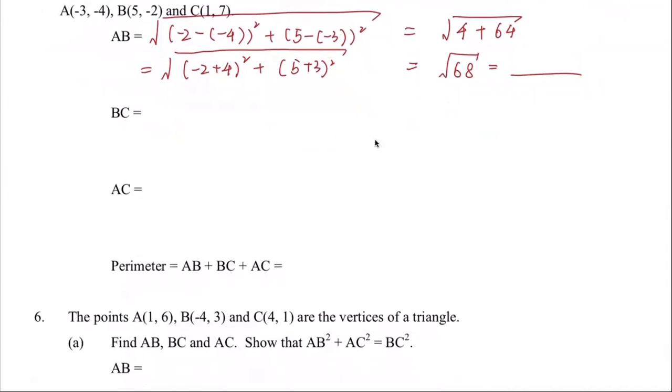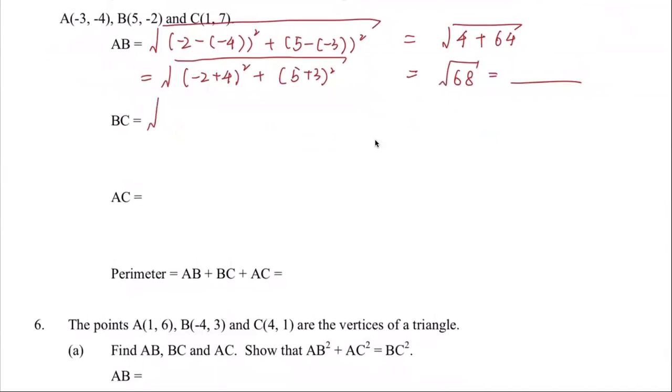BC is equal to the square root of 7 minus 2 squared plus 1 minus 5 squared, right? And this is equal to 7 minus 2, that's 7 plus 2, 7 plus 2 is 9, 9 squared is 81. So that's 81 plus 1 minus 5, that's minus 4.